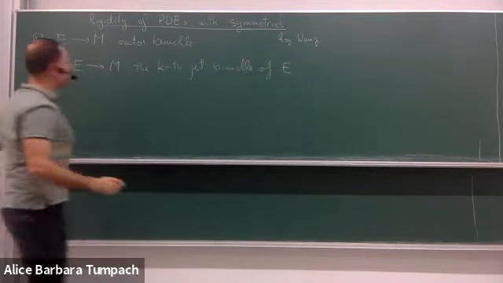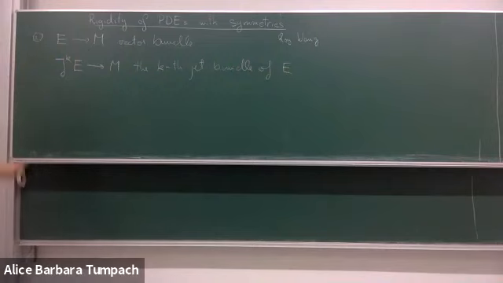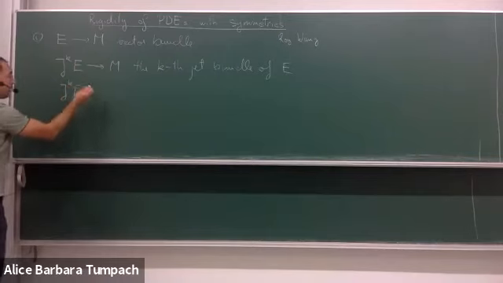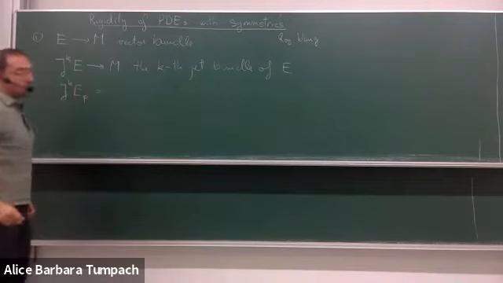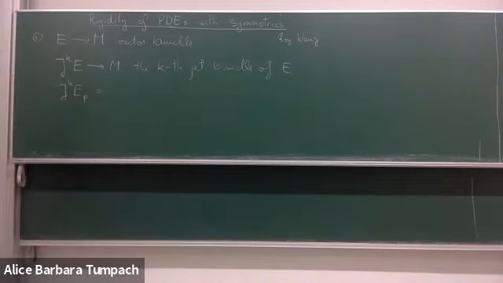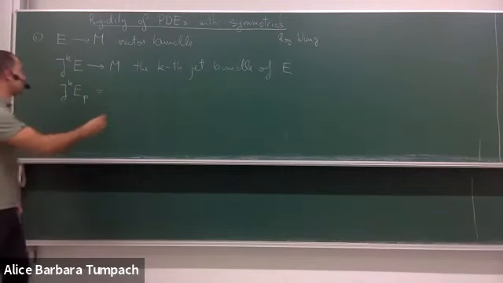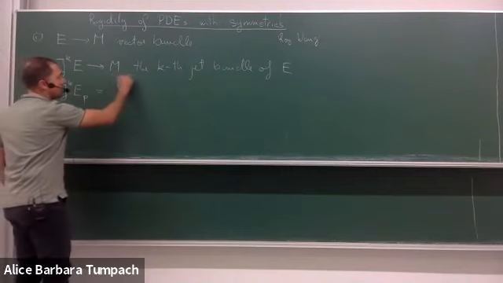This is a new vector bundle over M whose fiber at a point p consists of the following: you look at all the sections and mod out by sections which vanish up to order k at p, or order k+1.